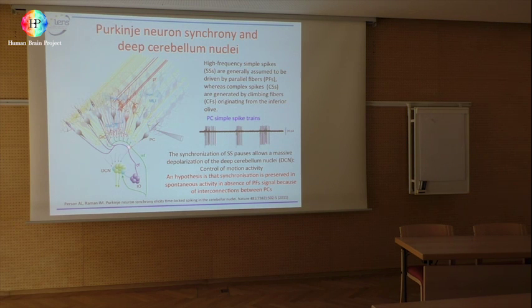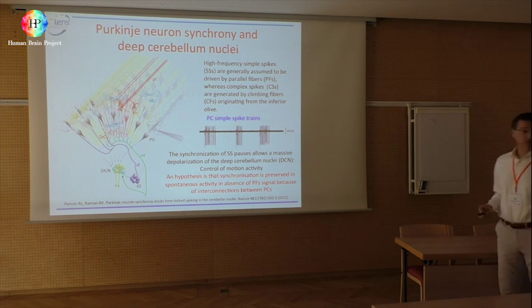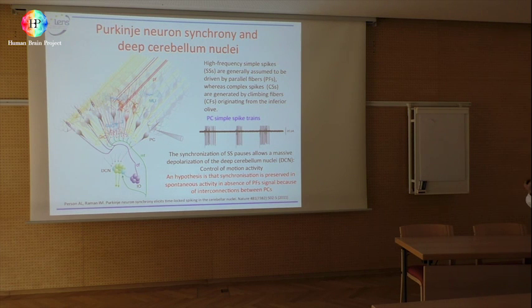They are sending an inhibitory signal to the deep cerebellar nuclei. And they must be synchronized, of course, because the motion is somehow driven by this inhibitory signal, and if the inhibitory signal is not synchronized, you cannot move. So what makes the Purkinje cells synchronize?